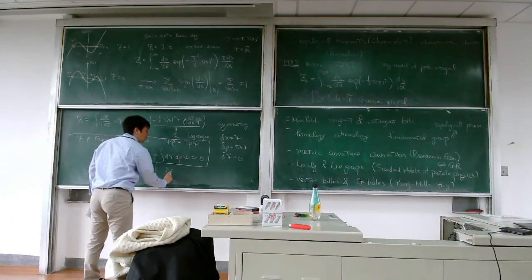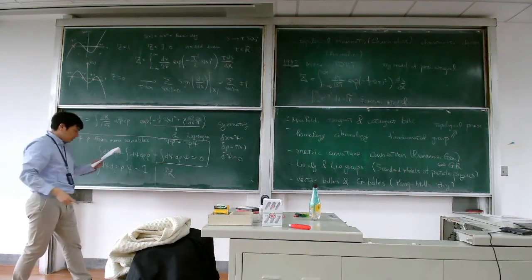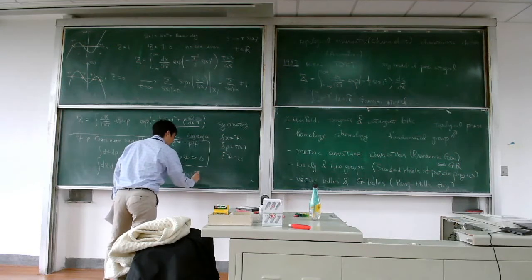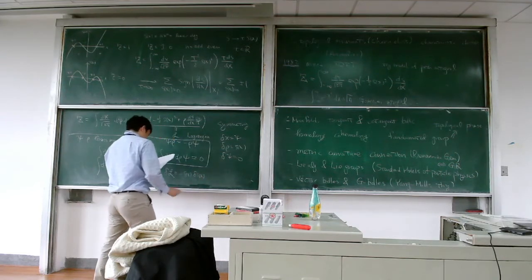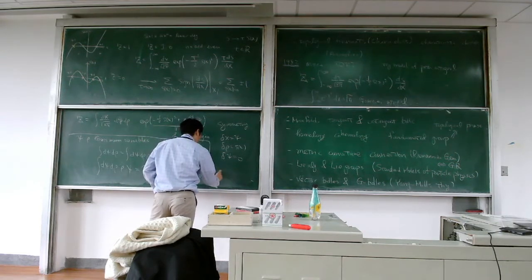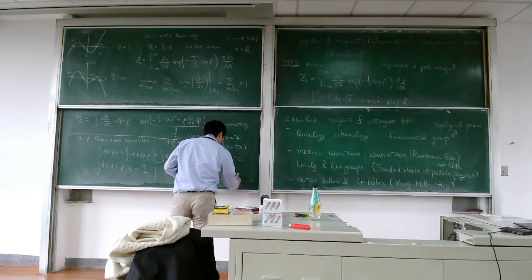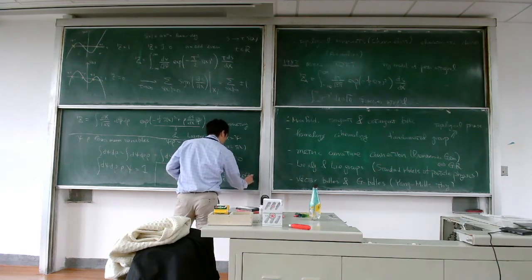So under this transformation, let's look at the transformation. This becomes minus s of x delta s of x plus delta rho ds dx, d psi psi plus rho ds dx delta ds dx.